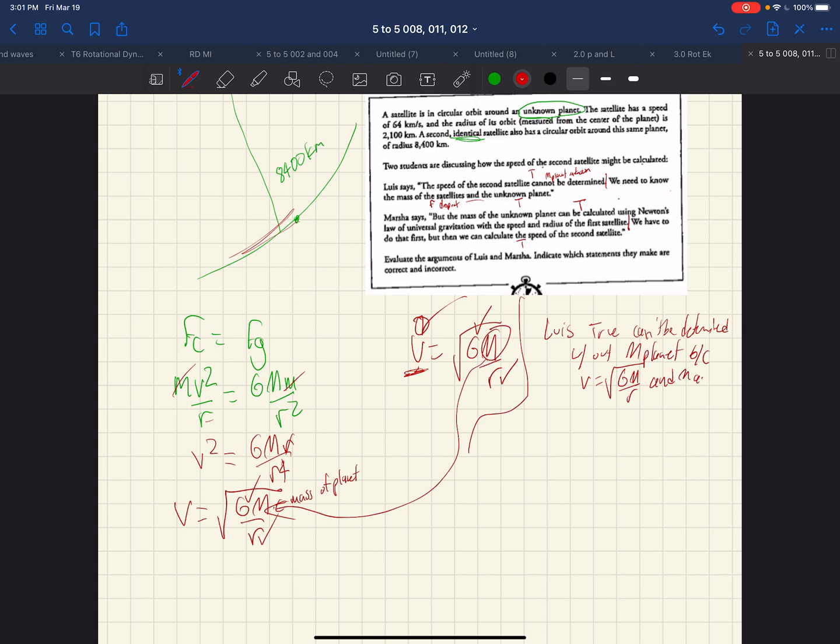And M and v are unknown. We need to know the mass of the satellites and the unknown planet.